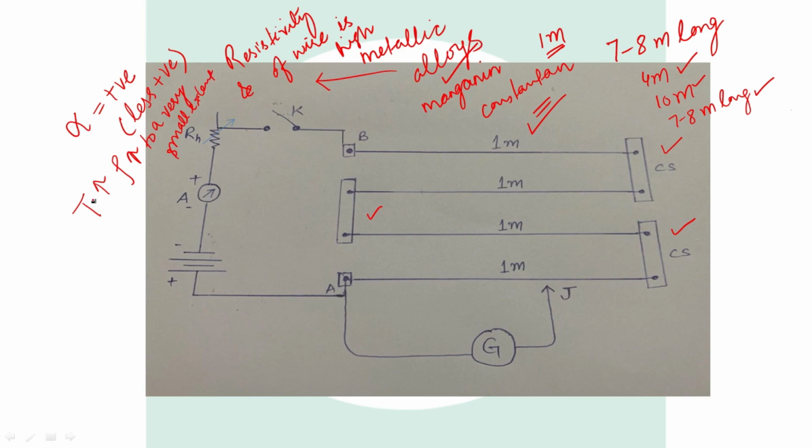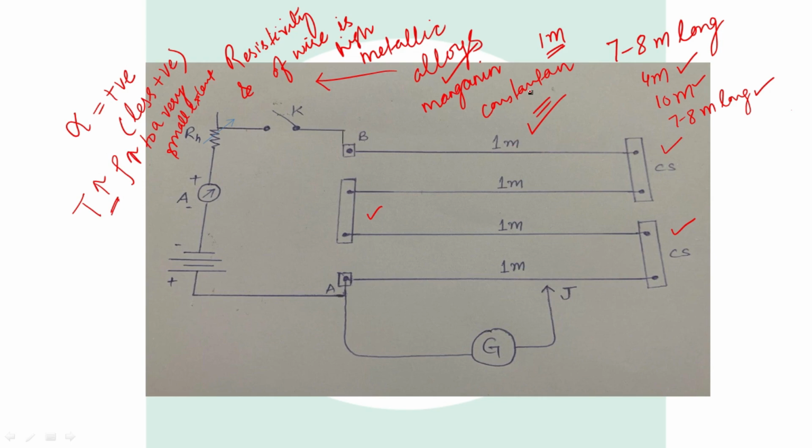So we can say that with the increase in temperature, the resistivity of the wire is basically not increasing, it is constant. That's why we use manganese or constantan.